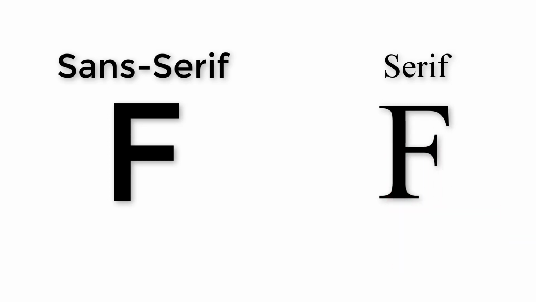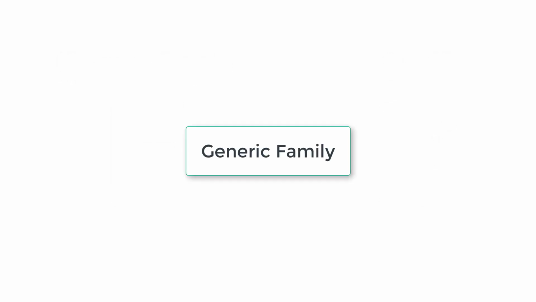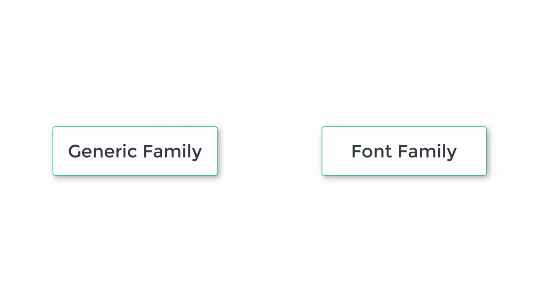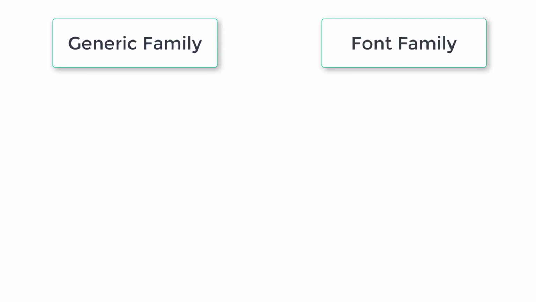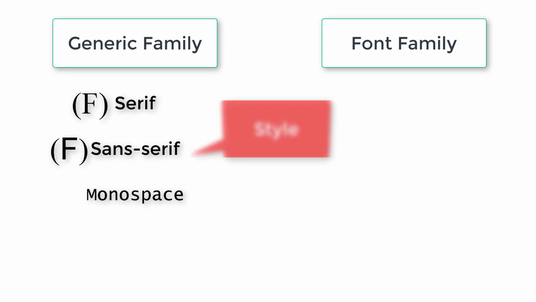In CSS, there are two types of font family names. They are generic family and font family. For example, serif, sans serif, monospace are generic families. Serif fonts have a style at the edge of each ending.